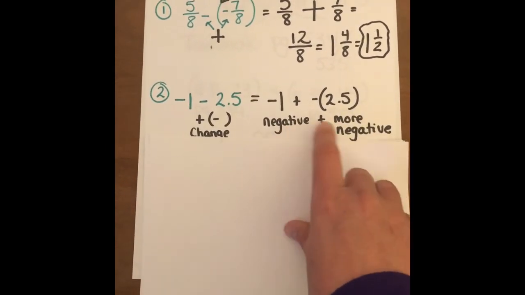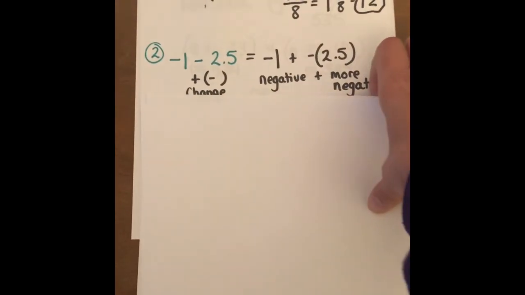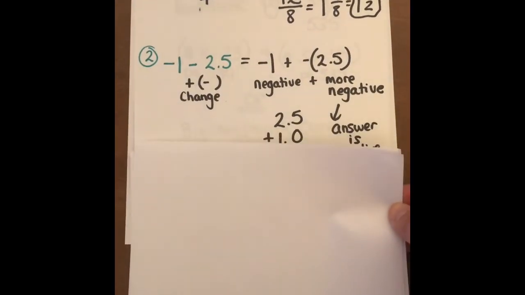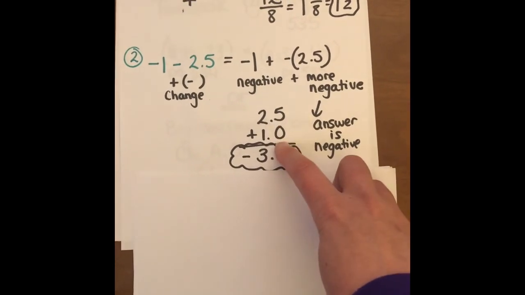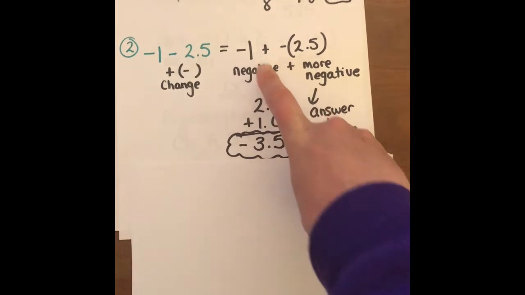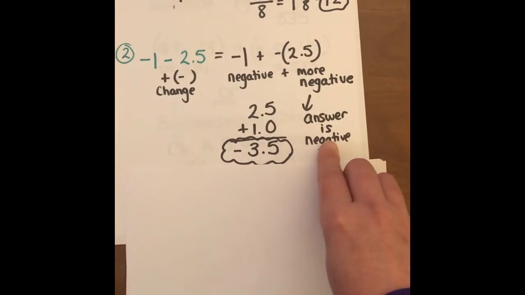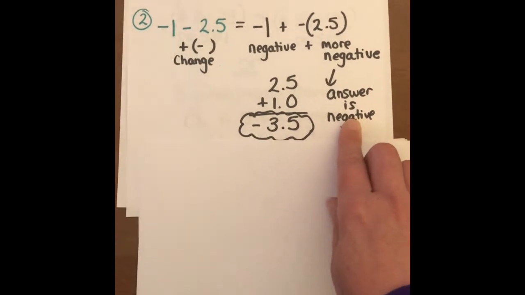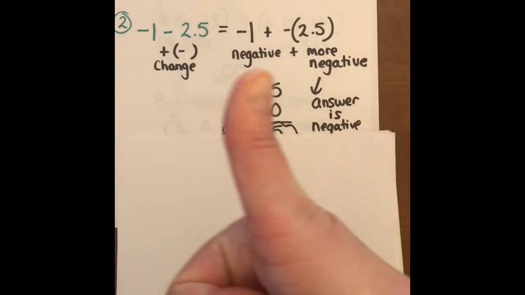Okay, we have a negative, we're adding more negative, our answer is going to be negative. And this is just simple decimal. I added them together. So I have 2.5 plus 1.0. 1.0 is the -1. And I get -3.5. Answer has to be negative. Hopefully you got that one right too. Yay.